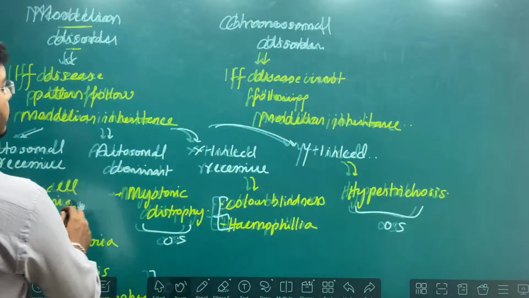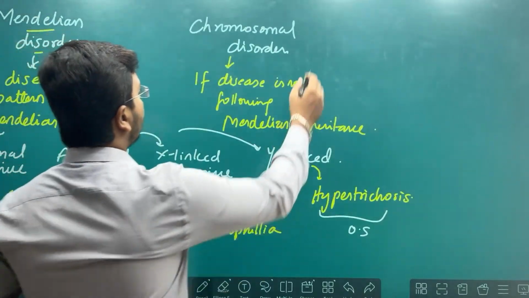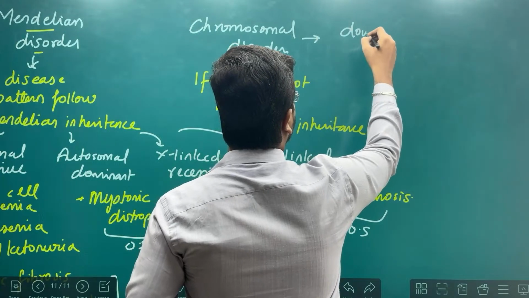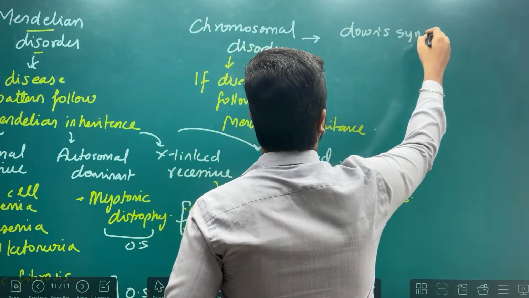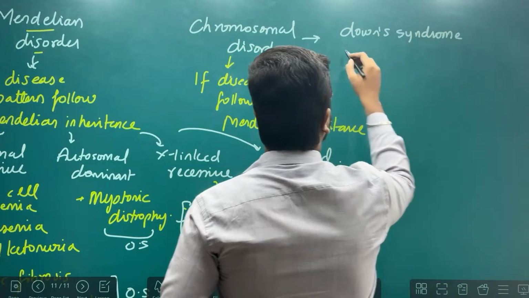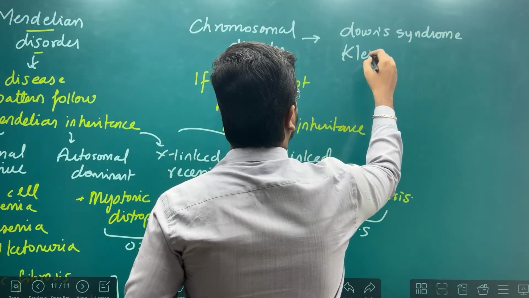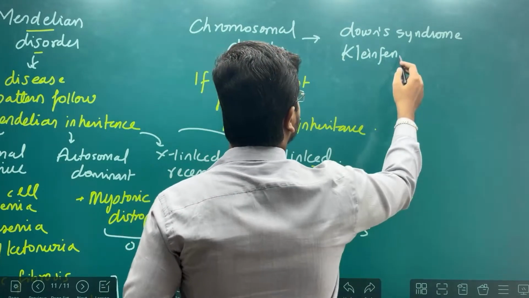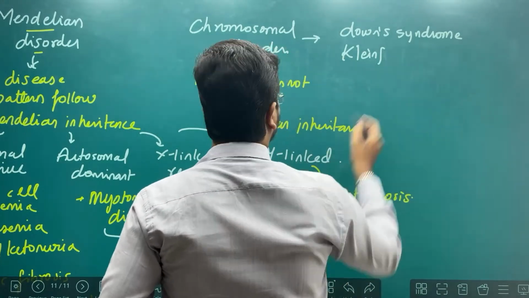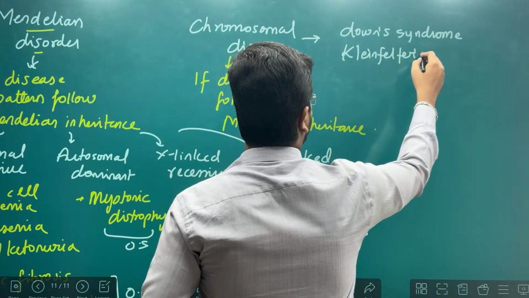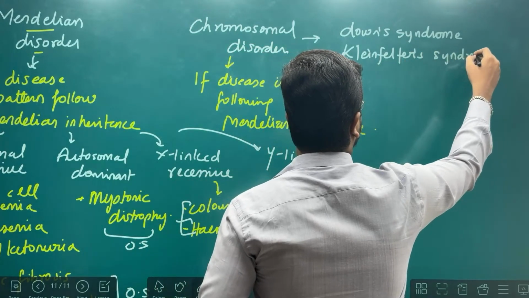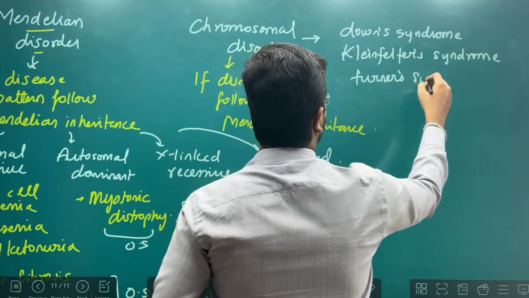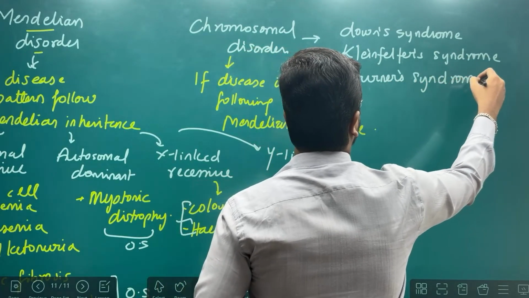Chromosomal disorder means I am getting Down syndrome, Klinefelter's syndrome, and Turner's syndrome, right?